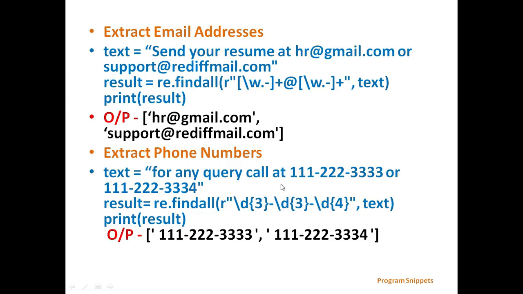So with findall we will give \d, which is used for digits, and the width is 3, so \d{3}. Again a dash, \d{3}, and again a dash, \d{4}. So it will give the output 111-222-3333. Wherever this pattern is present, it will display the output.